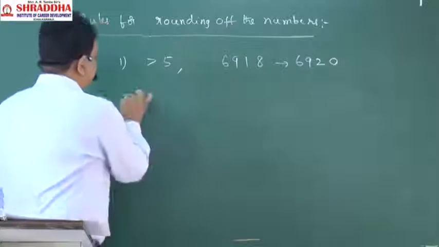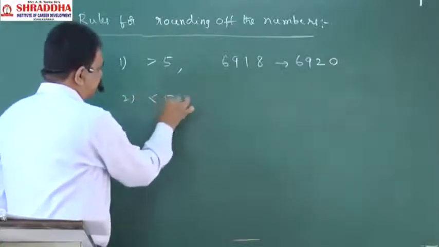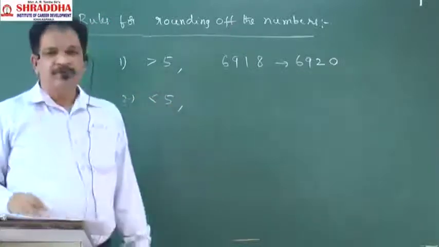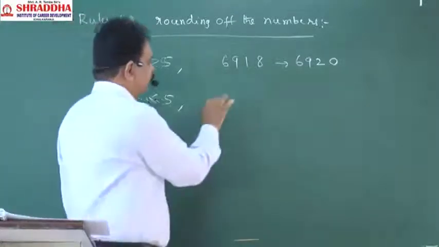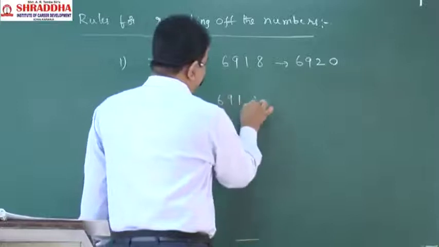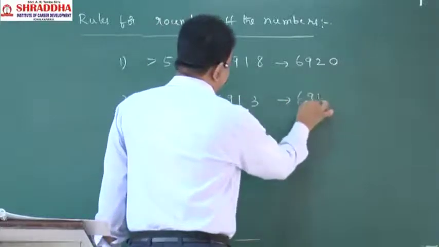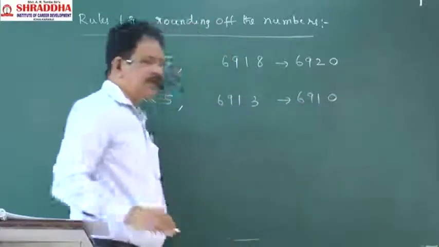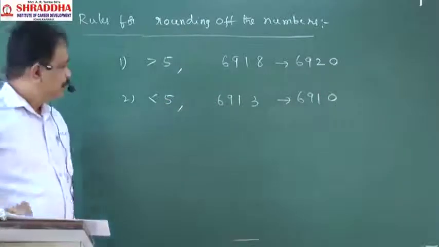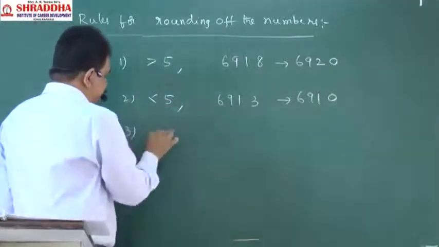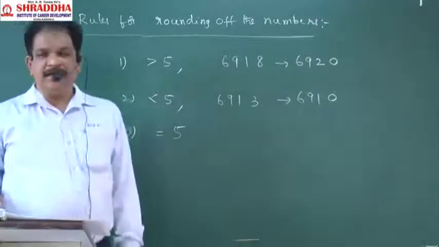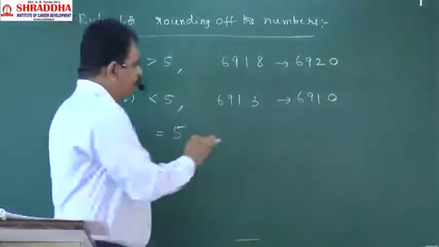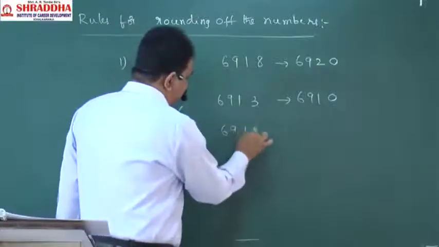Next, if the discarding digit is less than 5, no need to change the preceding digit. 6913 will be 6910. Next, if it is equal to 5, the discarding digit is 5, observe the previous digit.